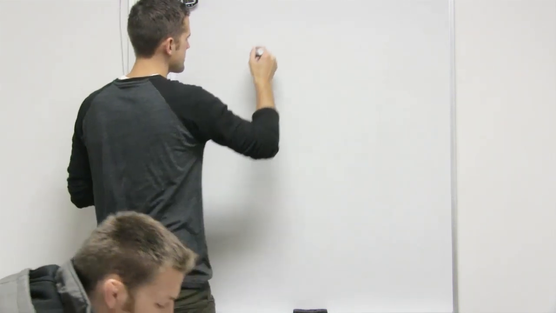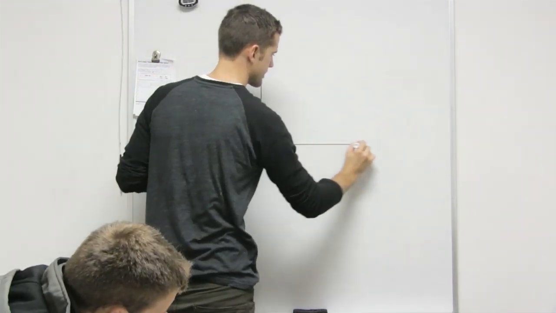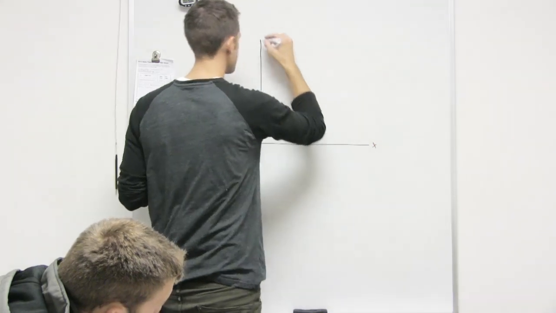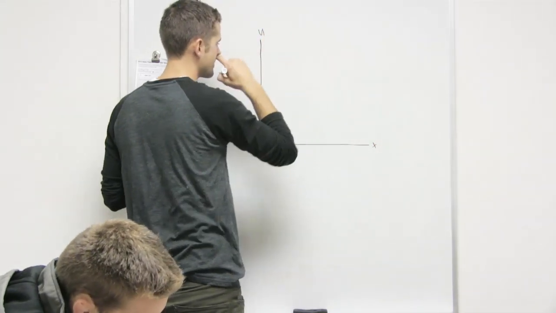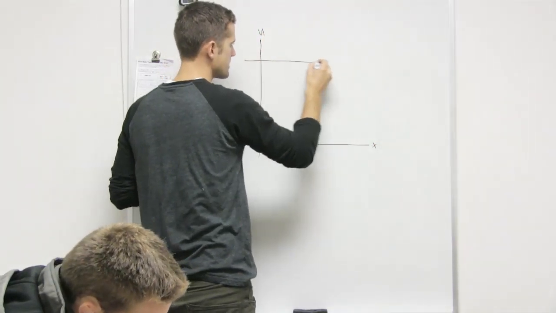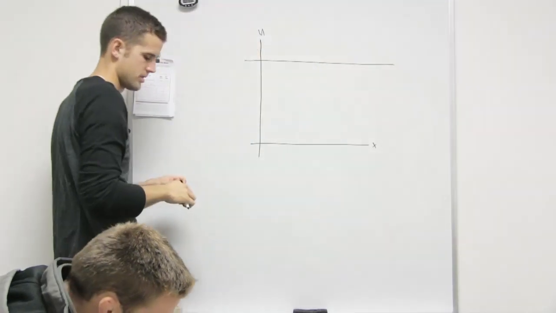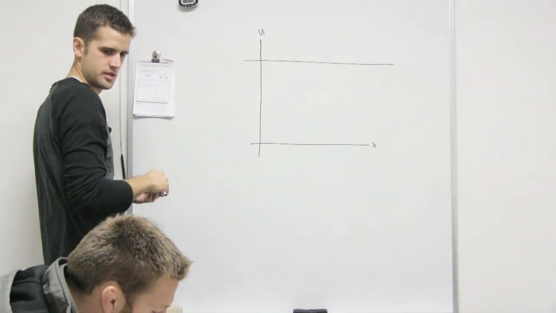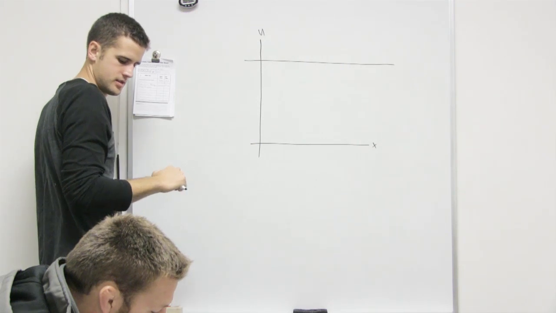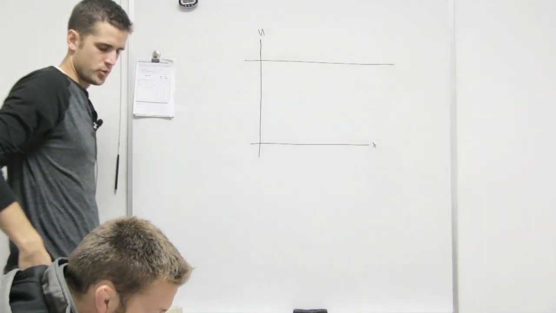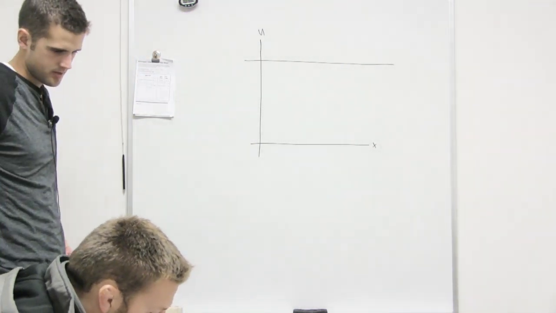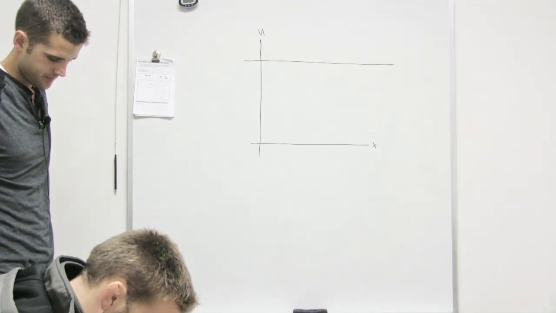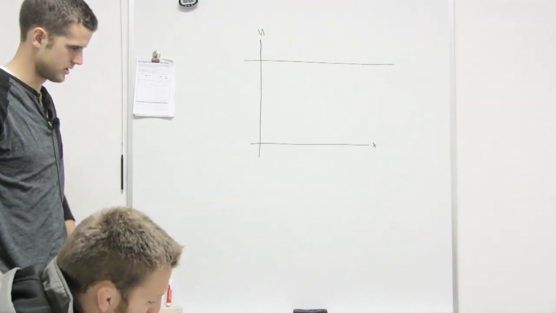So when you're reading these, there's a couple of tricks to it. This is an x distance. This is potential energy. So what two kinds of energy do you have? In this graph? Well, yeah, just in general. Kinetic.